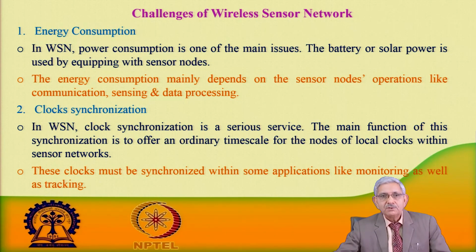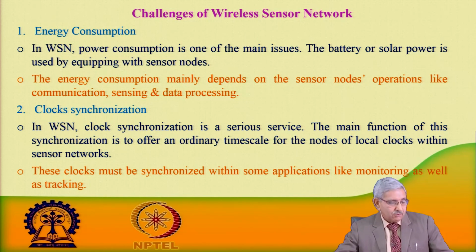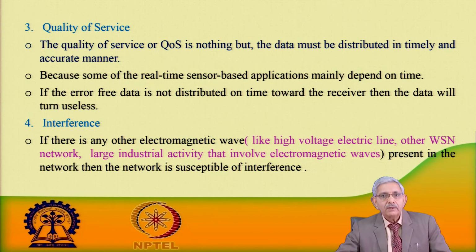Such clocks must be synchronized for applications like monitoring as well as tracking, meaning this should go simultaneously. Another challenge is quality of service. Quality of service means the data must be distributed in a regular time frame and in an accurate manner, because some real time sensor based applications are mainly dependent on time.